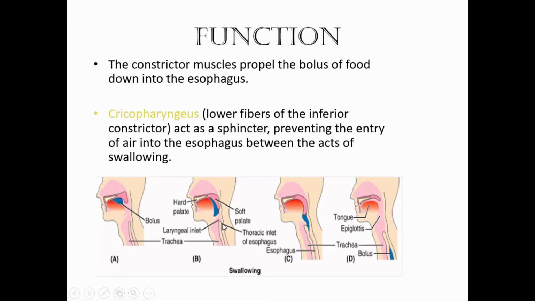At other times it closes because it acts as a sphincter. Its function is to prevent air from entering the esophagus between the acts of swallowing. During deglutition only, air can enter the lower part of the GIT. At other times the pharyngoesophageal junction is closed by the fibers of the cricopharyngeus muscle.